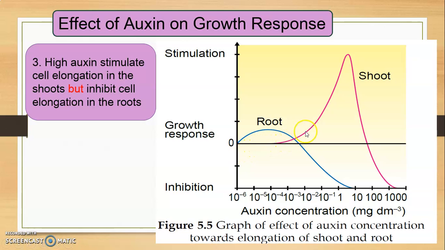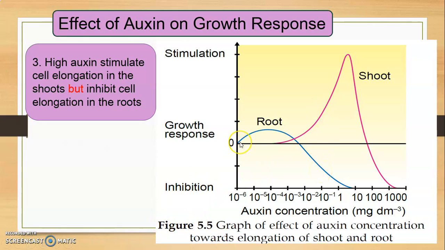If we look at the shoot here, the higher the concentration of the auxin, the higher the growth of the shoot. So what can we take as the inference from here? High auxin stimulates cell elongation in the shoot.